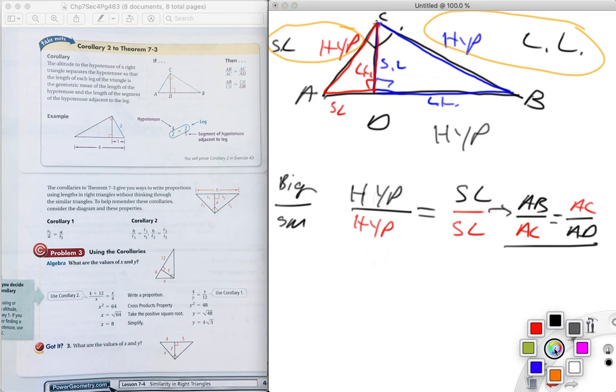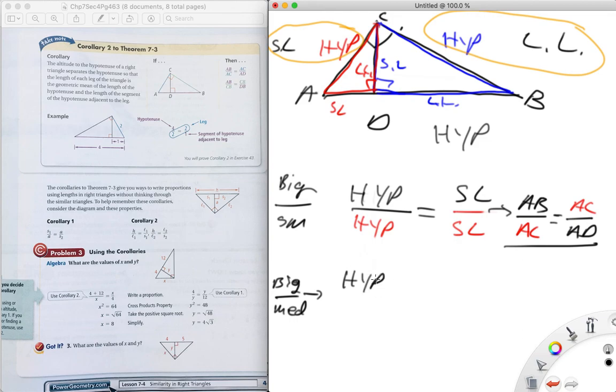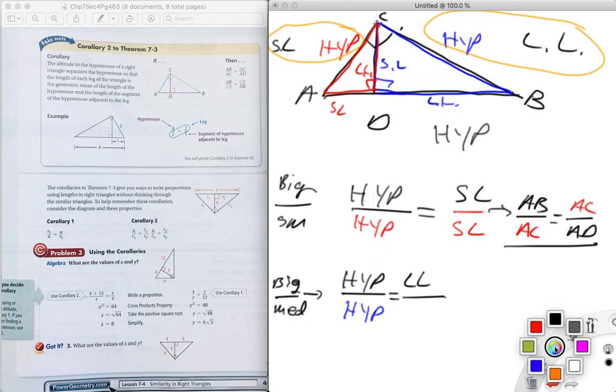The second one is going to be the big overall triangle over the medium triangle. Again, hypotenuse of the overall triangle over the hypotenuse of the medium triangle. That is equal to the long leg of the big triangle over the long leg of the medium triangle.